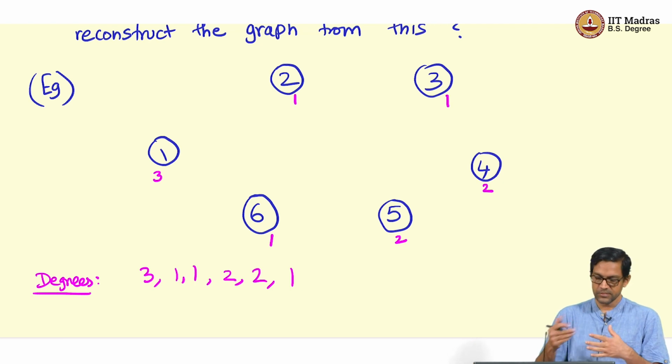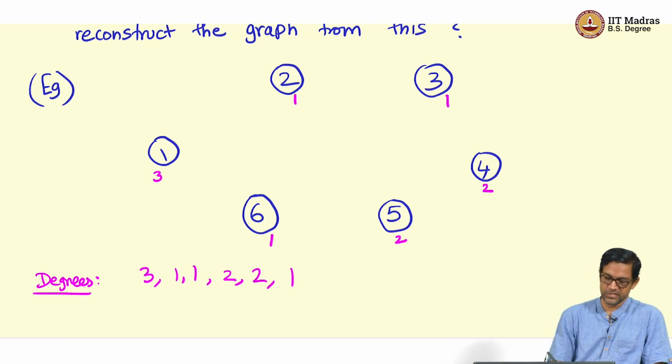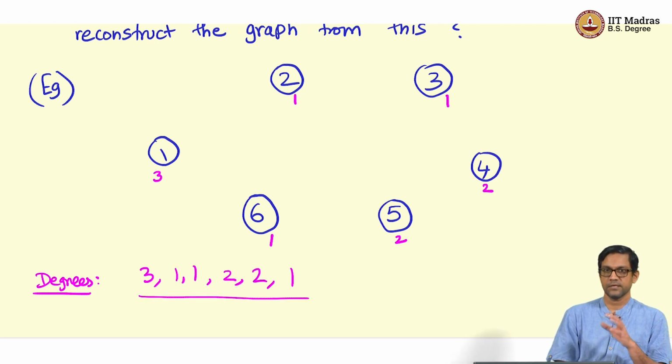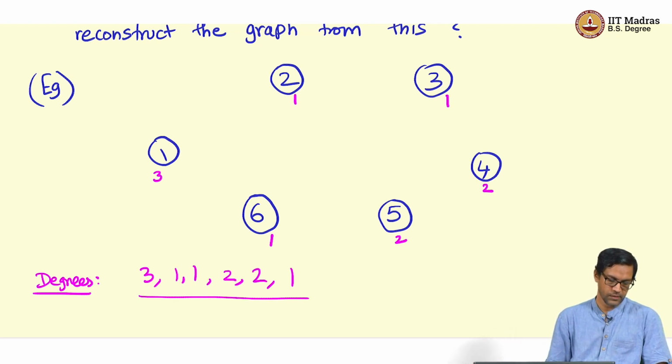Sometimes it is enough to have just that information, and sometimes what is given is not enough to tell us exactly what the graph looks like. There may be more than one possibility. So it turns out that you can't quite find a unique graph only by using this information.